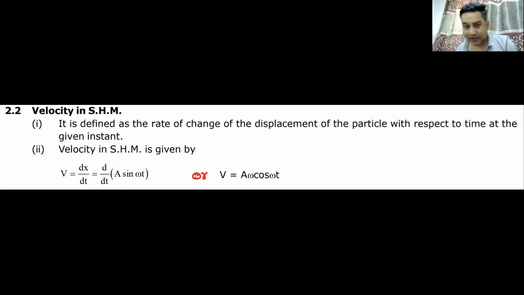We are done with displacement, and the next thing that comes after displacement is velocity. It is the rate of change of position or displacement with respect to time. To get the velocity from x, we just need to differentiate the equation of x. So we differentiate x is equal to a sin omega t, and the answer we get is a omega cos omega t.